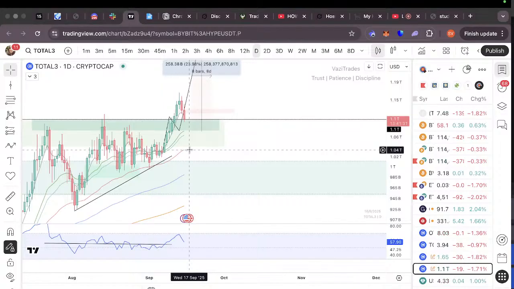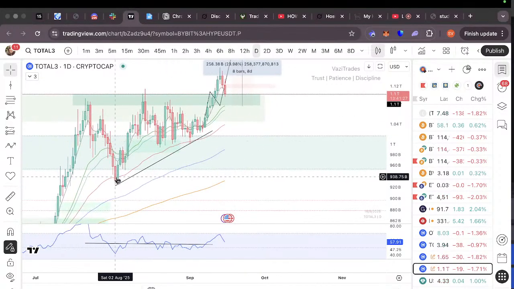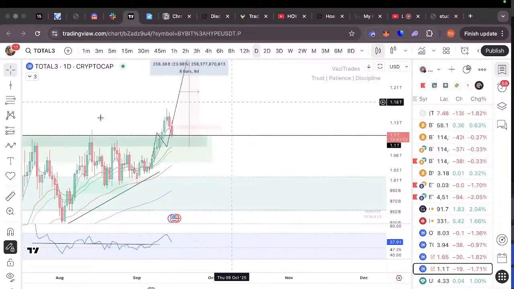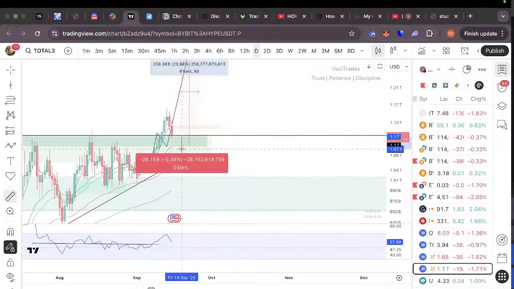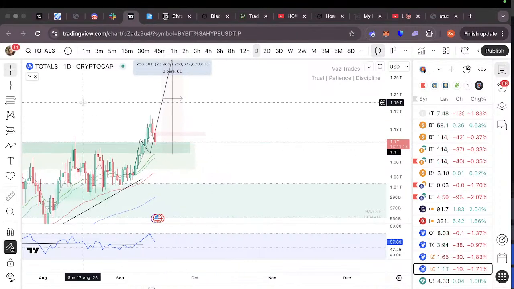It can retest 50 EMA, because so far whenever it was touching 50 EMA it was giving a nice pump, which means total 3 could dump like either 2-3% or 5%, and it will be okay according to this chart.